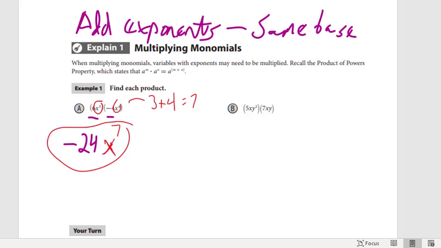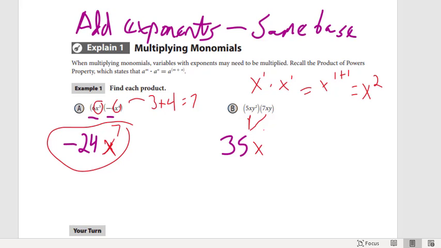All right, example B, 5 times 7 is 35. Treat front numbers like themselves. Then we have an x and we have an x. X times x is, since it's x to the 1 times x to the 1, x to the 1 plus 1, which is x squared.